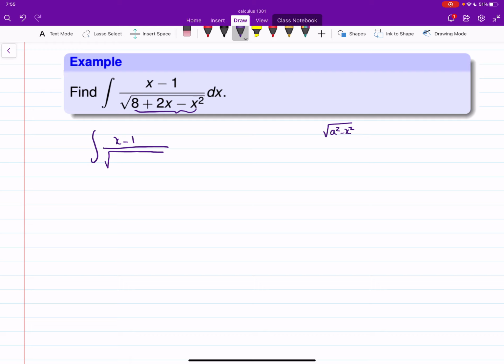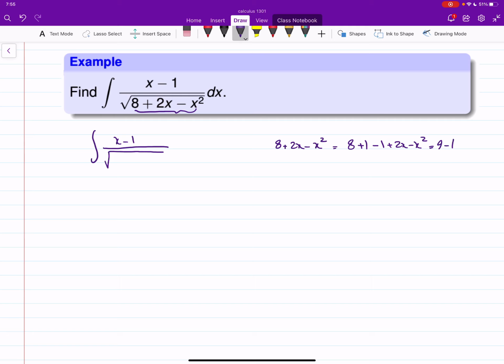So completing the square in this specific case, 8 plus 2x minus x squared, we can write it as 8 plus 1 minus 1 plus 2x minus x squared. The right-hand side is 9.